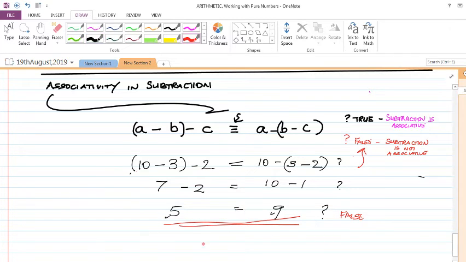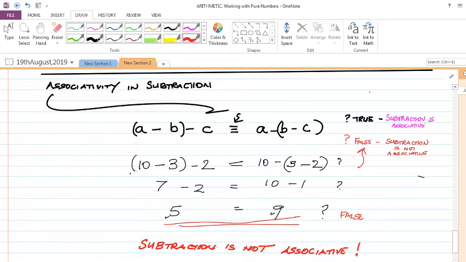Here you can see very clearly that subtraction is not associative at all. Okay, and therefore we have to be very careful.